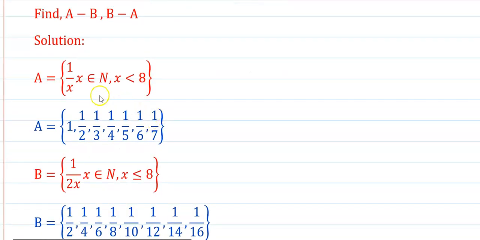First A. Then what are the elements? 1 upon X such that X belongs to the set of natural numbers and X is less than 8. The first element is 1, second is 1 by 2, 1 by 3, 1 by 4, 1 by 5, 1 by 6, 1 by 7. We are not taking 8 because X is less than 8. Now the B set, 1 upon 2X, X belongs to the set of natural numbers and X is less than or equal to 8.